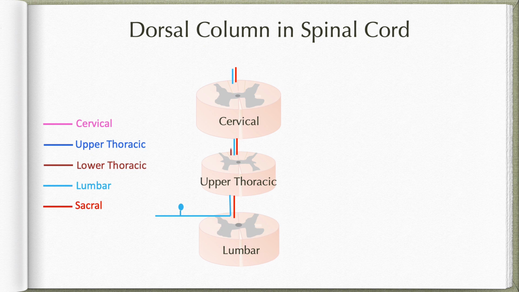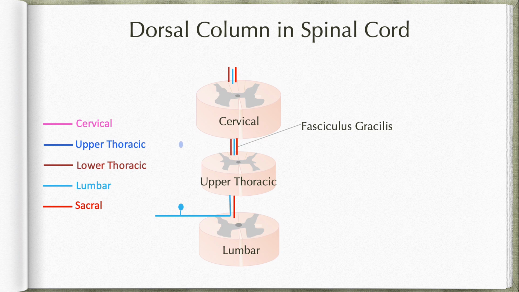Similarly, the lower thoracic segment fibers, when they add up, will displace both the lumbar and sacral fibers more medially. Now these three groups of fibers, that is sacral, lumbar and lower thoracic segmental fibers, which are located in the dorsal column and carry the information about the lower limbs, lower trunk and genitalia, will form the fasciculus gracilis.